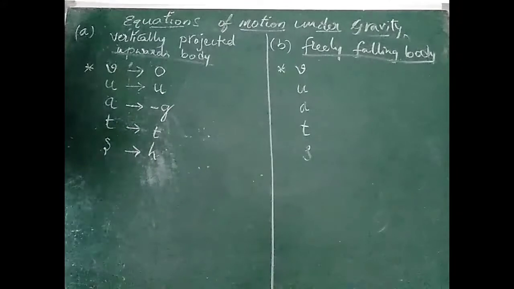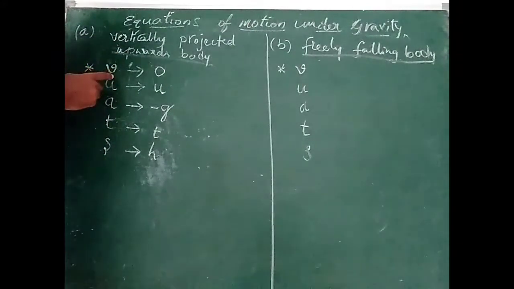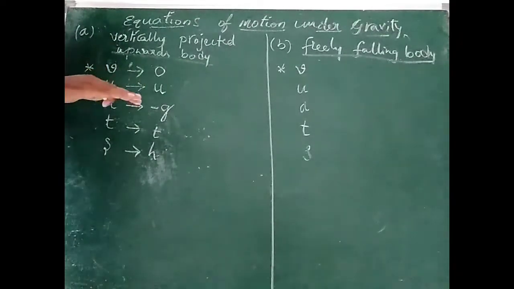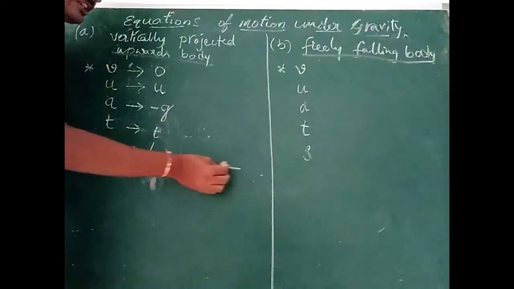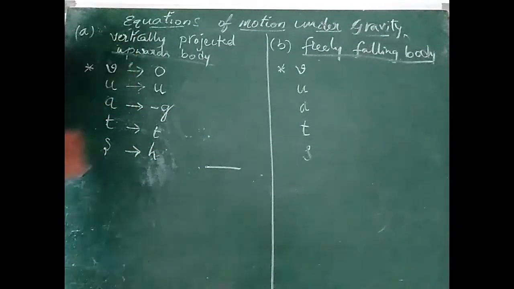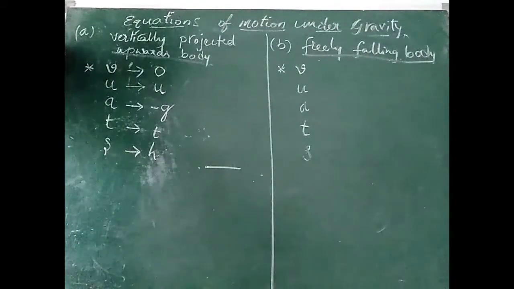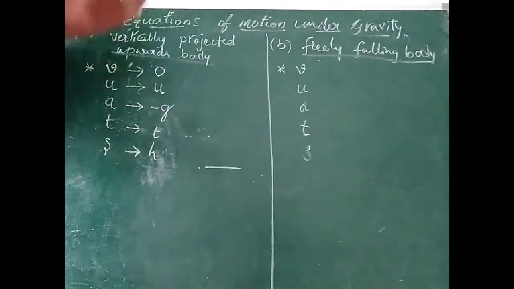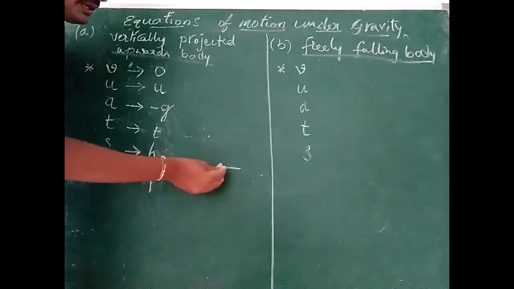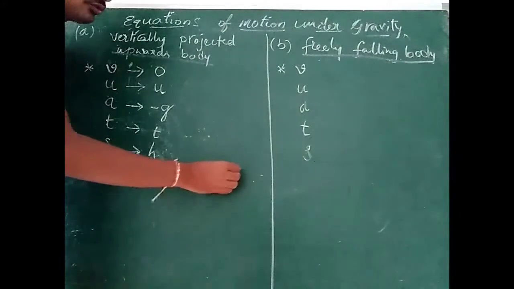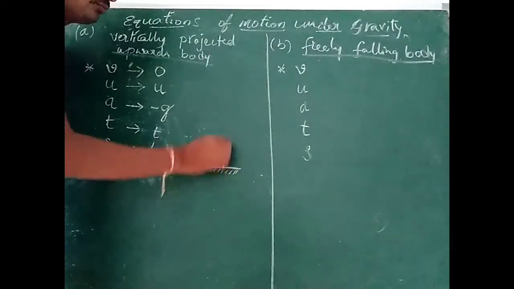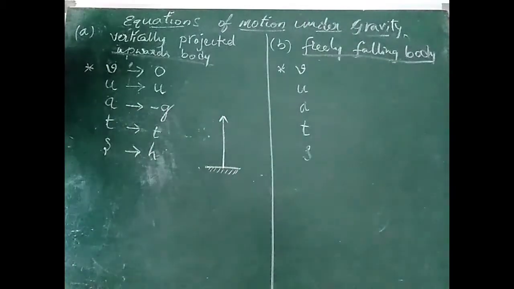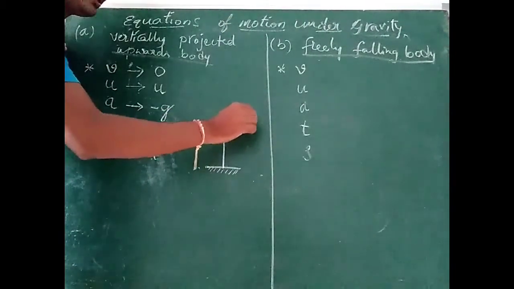Let's check once again. In vertically projected upwards body, V will be 0. Why V will be 0? Because whenever the body reaches the maximum height. So, what is a vertically projected body? It is nothing but we are throwing a body in vertical direction from the ground. The maximum height reached by the body is H max.